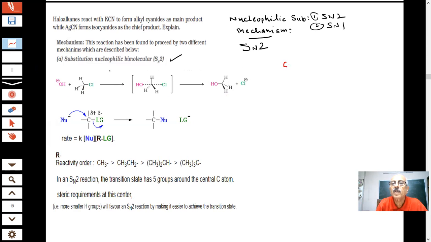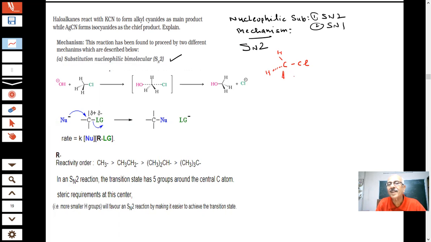You have a carbon, you have Cl supposing, or you can have Br, no problem. This is a leaving group. And I'm writing hydrogen. Here I'm showing a dark wedge, and here I'm showing the dashed H. I think you are familiar with these.